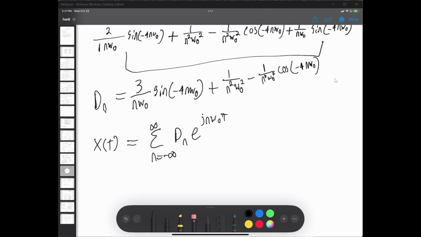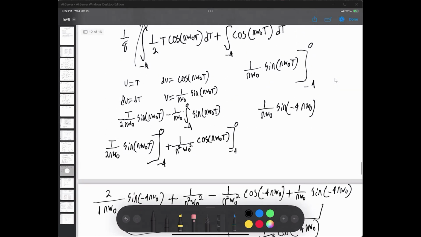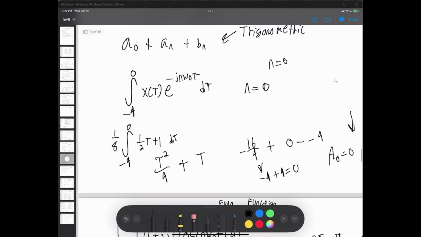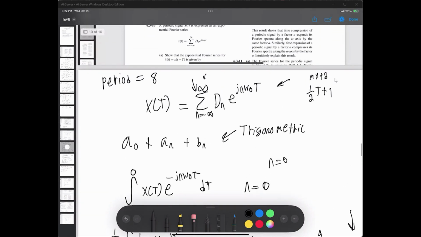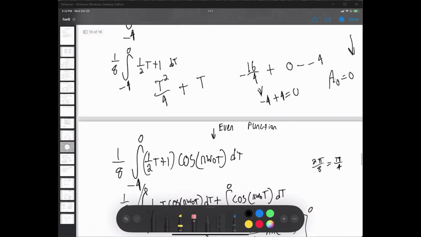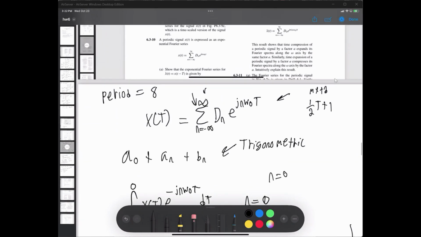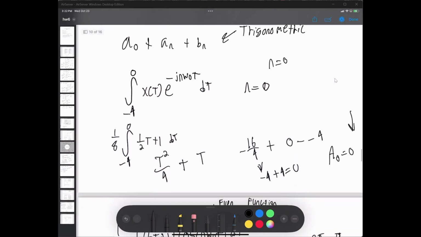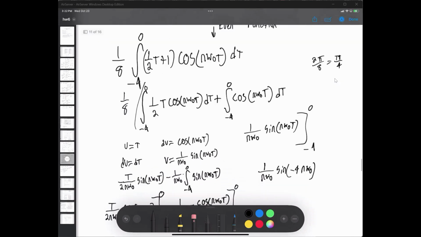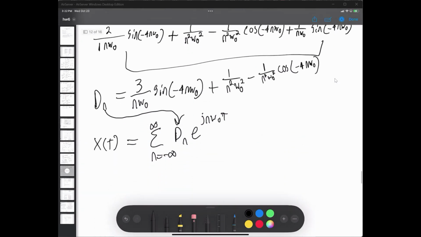We'll pretend we're putting that in there. And that should be your answer for this equation. When we're solving for all of this here, we're solving for d sub n, the coefficient connected to this exponential. So yeah, that should be this answer done.